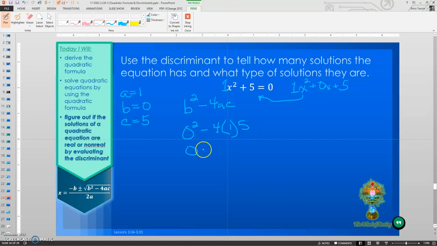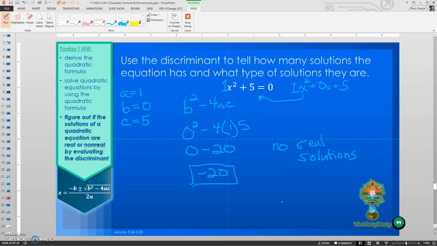Which means I'm going to get 0 minus 20, or negative 20. My discriminant's negative. Can I have a negative discriminant? Sure I can. It just means that I'm not going to have any real solutions. So I'm going to have no real solutions, which is okay. It just means that our graph is floating above the x-axis.